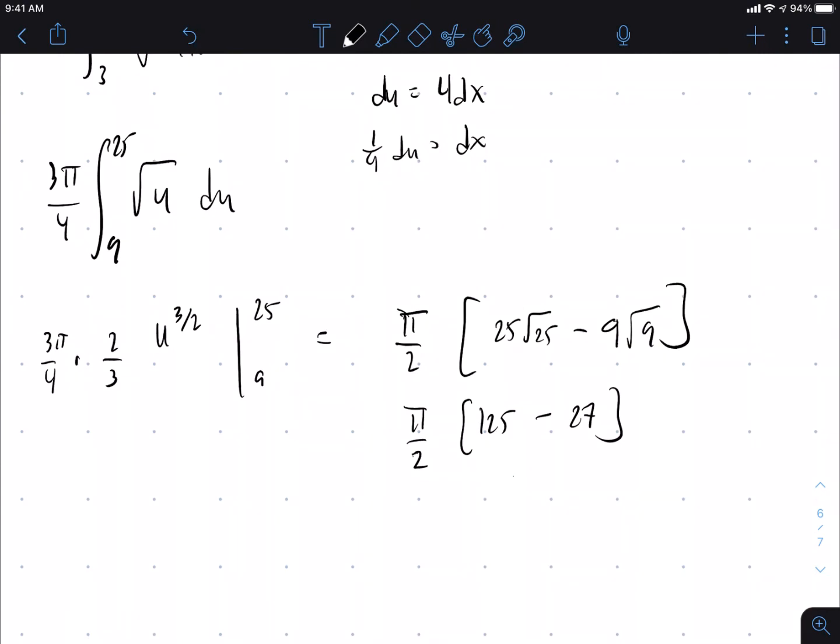What is that, 98? Correct. Which is 49 pi for Christmas.